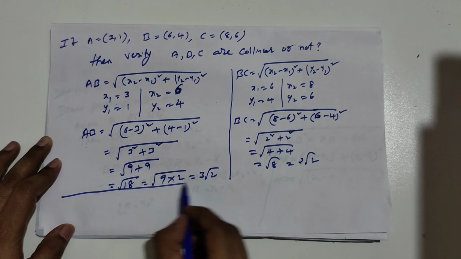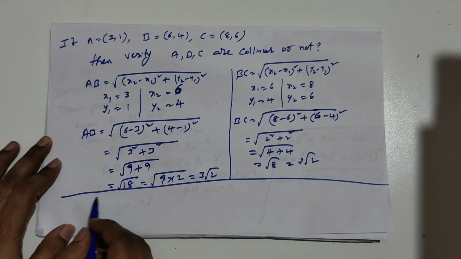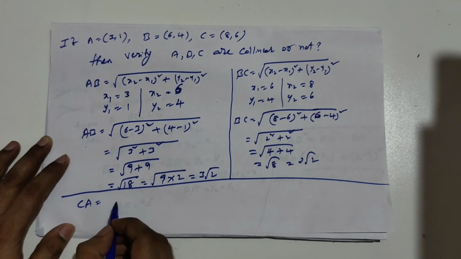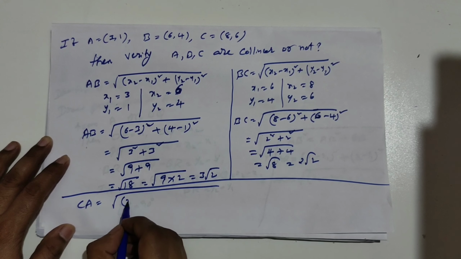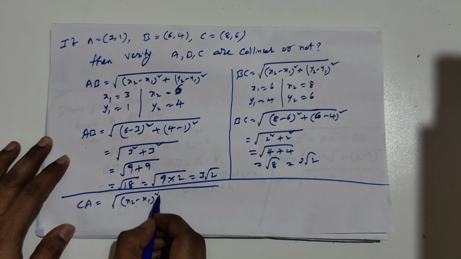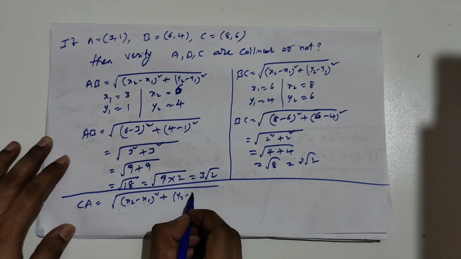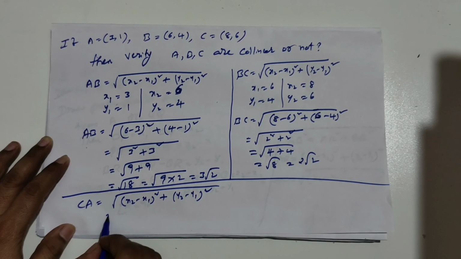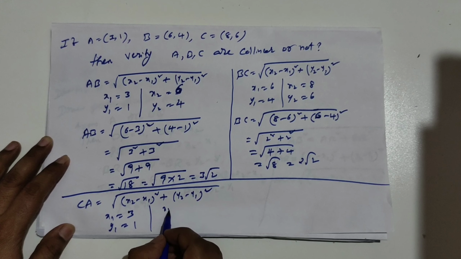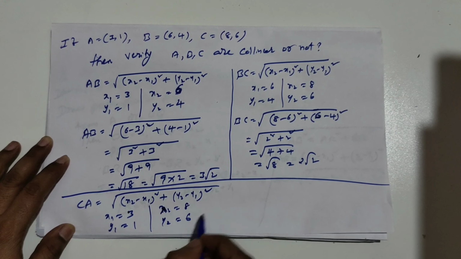Now again CA: x1 is 3, y1 is 1, x2 is 8 and y2 is 6.